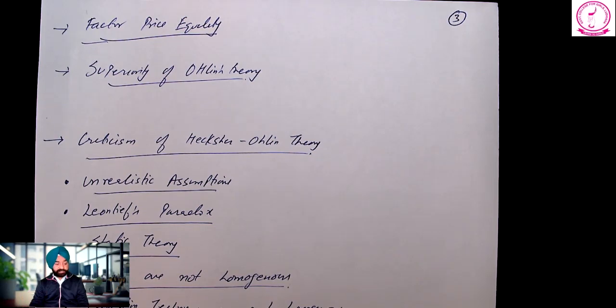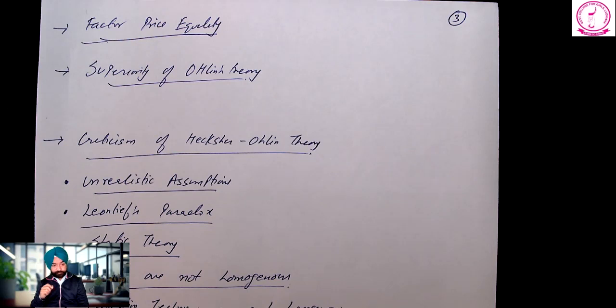But here once again, after we examine these theories, there is a point where factor price equality comes. Now, what is factor price equality? Factor price equality shows what will happen. Germany will produce capital intensive goods and India will produce labor intensive goods.